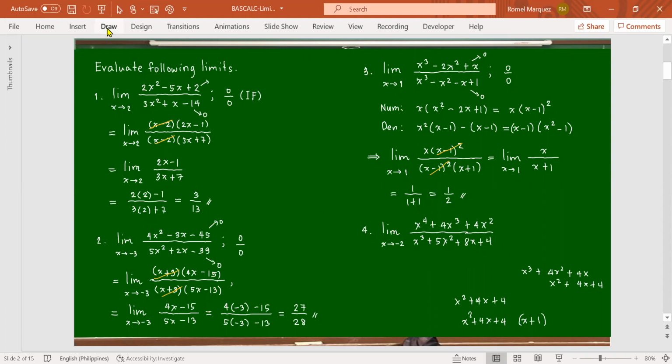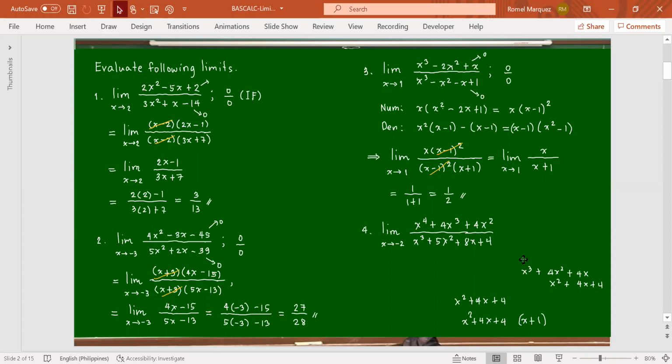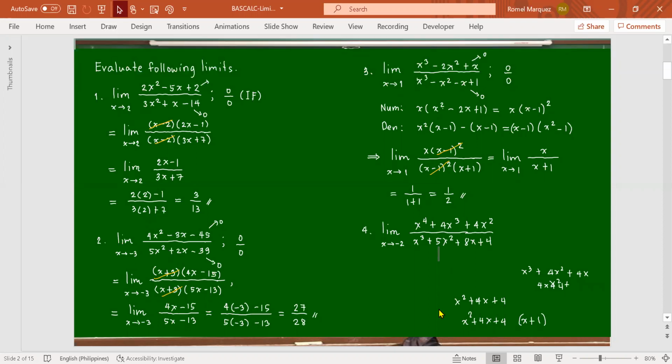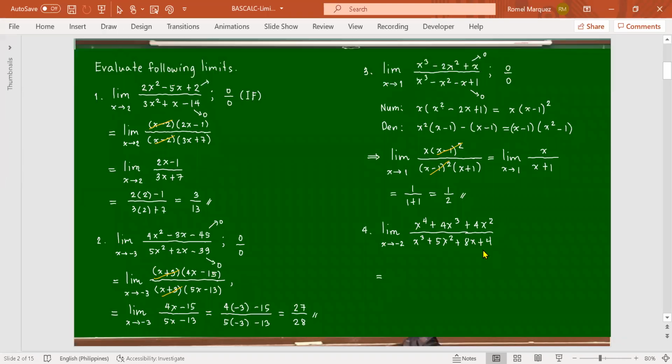Let's check. Mr. Officer, could you please check that, or you can ask somebody to check for the limit of the denominator, limit of the numerator?